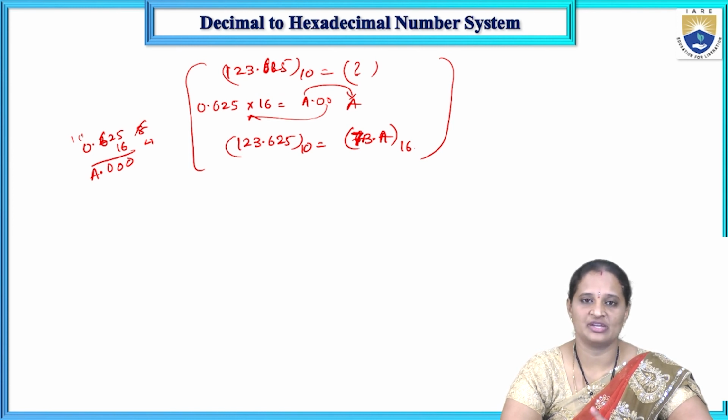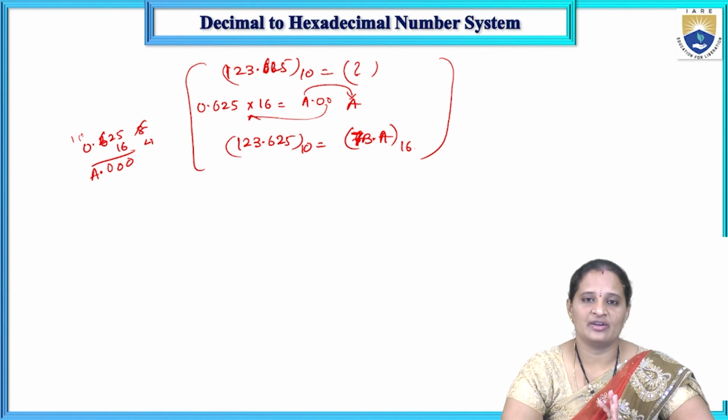In some cases the fractional part may not become 0, so in such cases we can terminate the successive multiplication after the required number of digits. For example, if 4 digits are enough, I can stop after 4 iterations of successive multiplication by R.